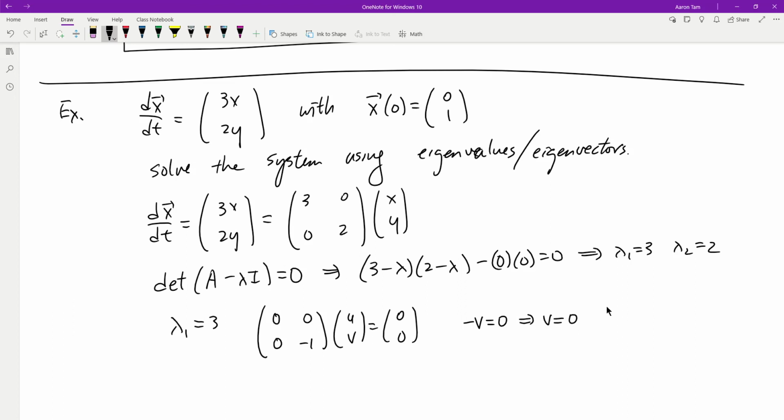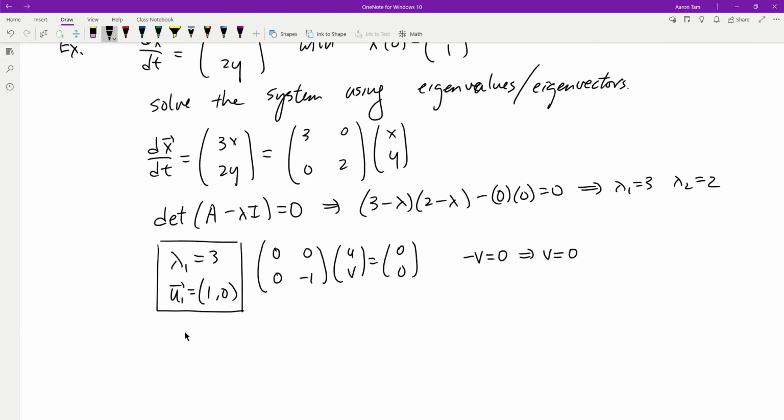So I'm going to go ahead and say that our eigenvector, u1, will be just (1, 0). Technically speaking, you can put 2, 0, 3, 0, pi, 0, or any number as the first number, as long as you have the second number equal to 0. I'm just going to make it simple and pick 1 as the first number, because it makes the multiplication easier.